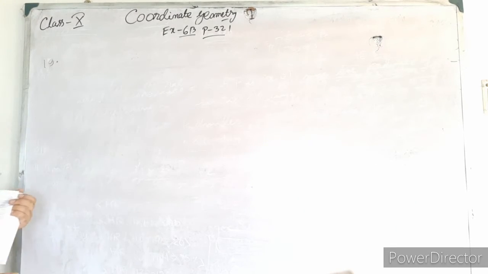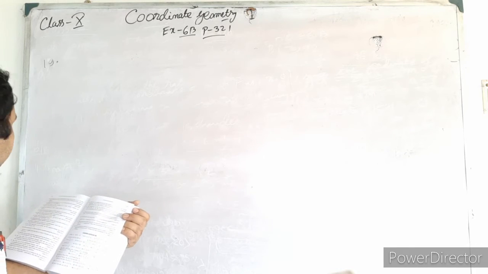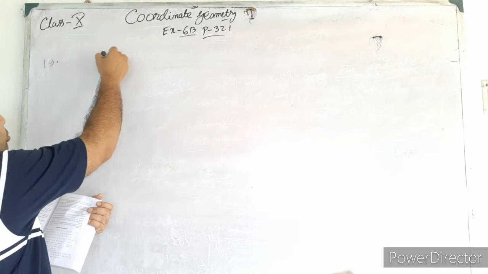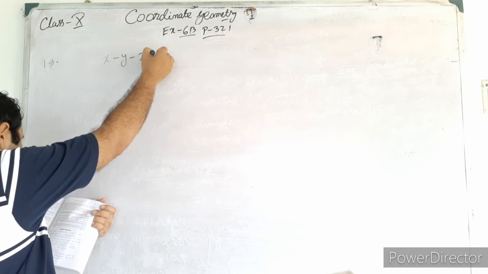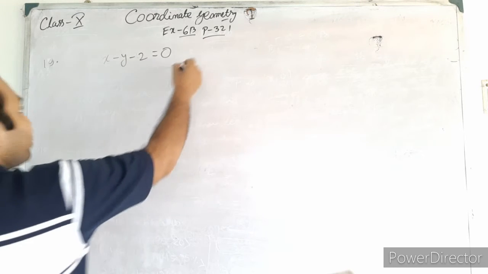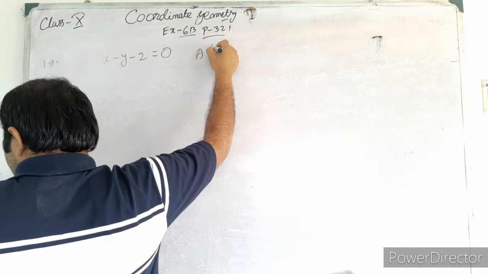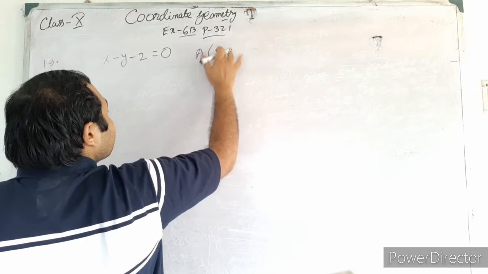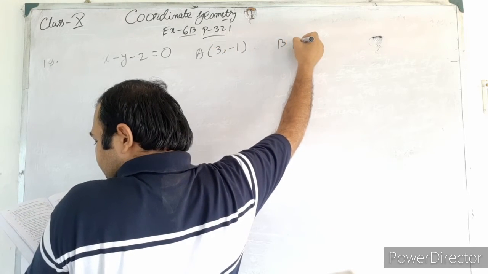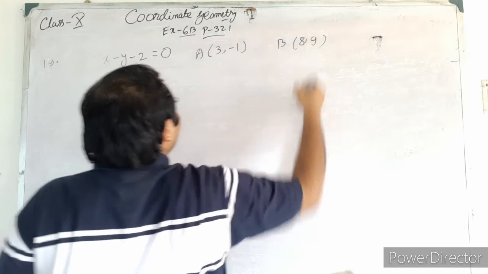Students, now the next example is number 19. In what ratio does the line x minus y minus 2 equals 0 divide the line segment joining the points A (3, -1) and B (8, 9)?